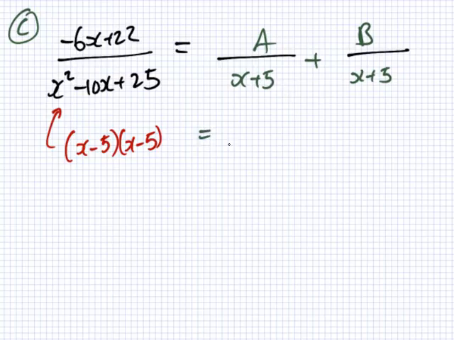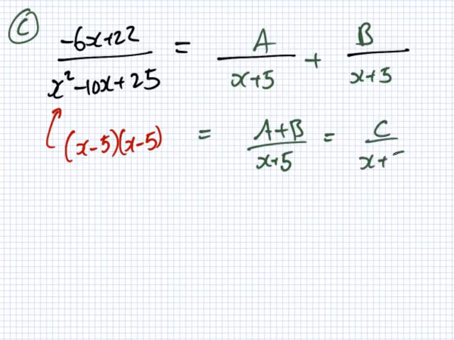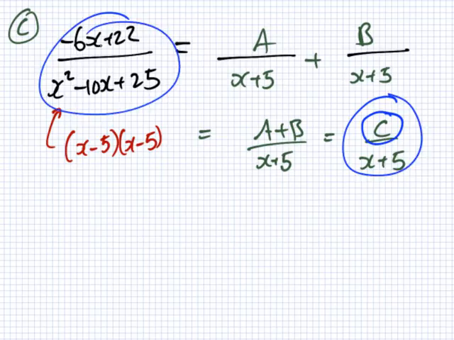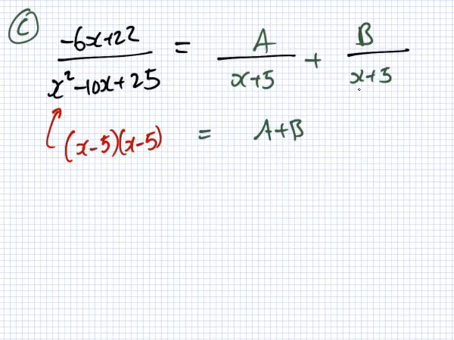Here you would get A plus B over x plus 5. But A plus B is also a number, isn't it? If A is a number and B is a number, then I could have just said C over x plus 5. And there's no way I can get a C that makes this the same as this. So it's wrong to write x plus 5 and x plus 5 here. It must be something else.